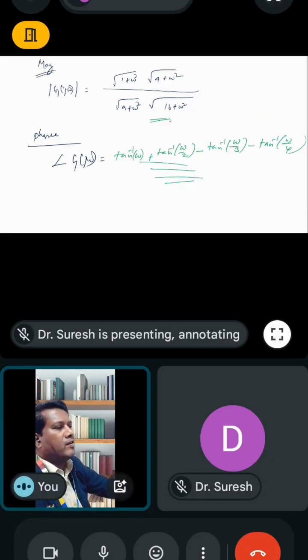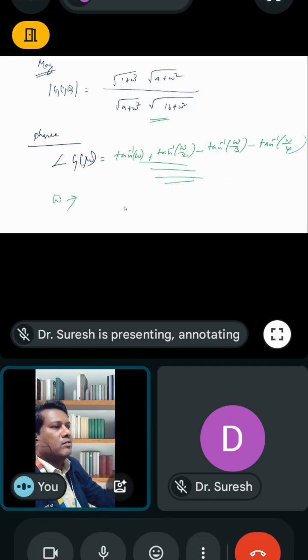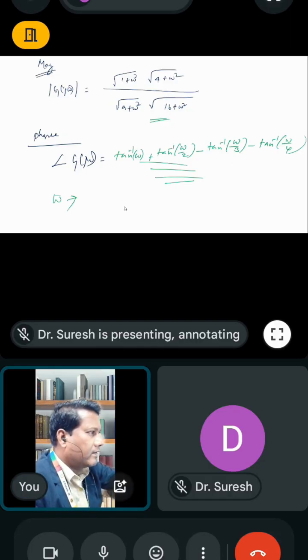By substituting various values for omega, we can easily find the phase angle and magnitude. By plotting these values, we can identify the phase crossover frequency, gain crossover frequency, phase margin and gain margin. That's all.